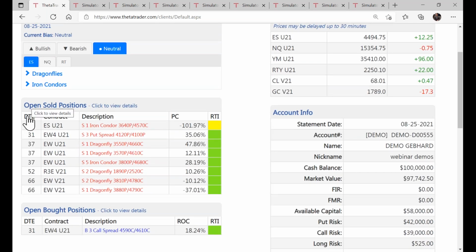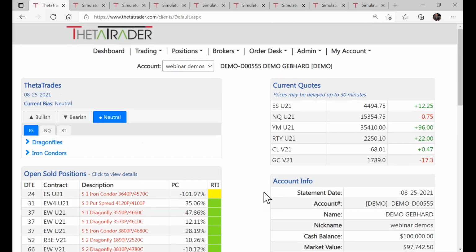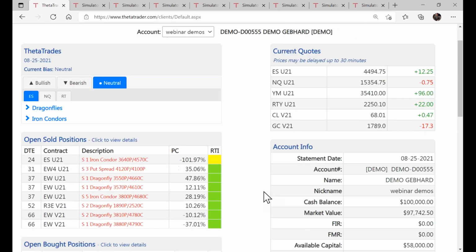These are any open short positions or sold spreads, like if you sold a Condor or a Dragonfly or a half or whatever it may be. And then these would be any long or bought positions. You'll notice there's only one here, and that's primarily because with Theta Trader we like to focus on selling premium, collecting premium, but it's not to say we don't ever buy premium. That can happen, and here's one example. But let's just focus on what we just talked about.